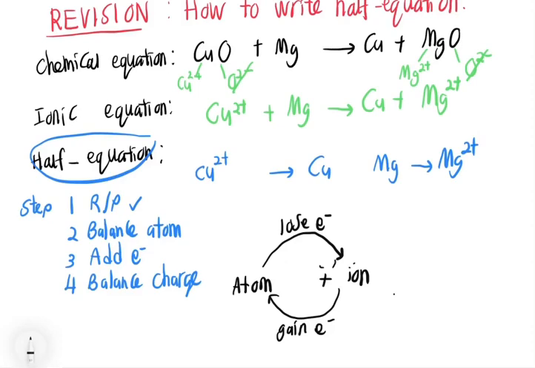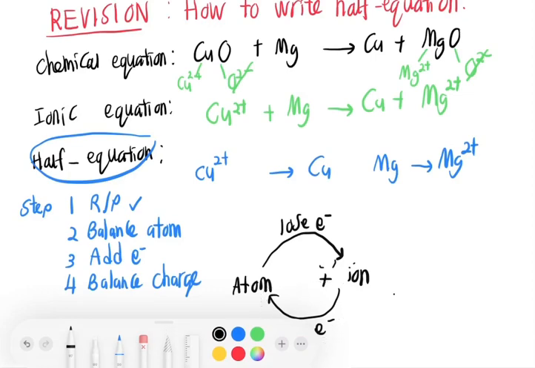So it will become atom again. So we solved that problem already. Positive ion, in this case, to become neutral atom, that positive ion must gain electron.